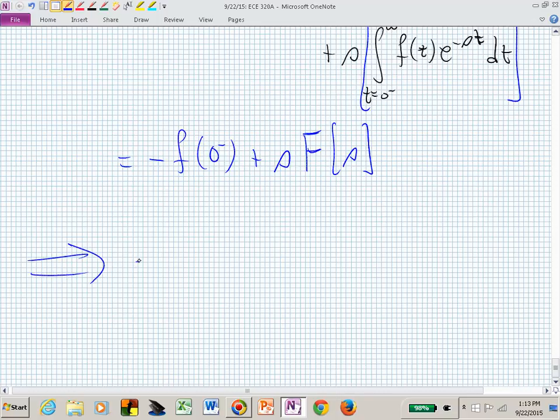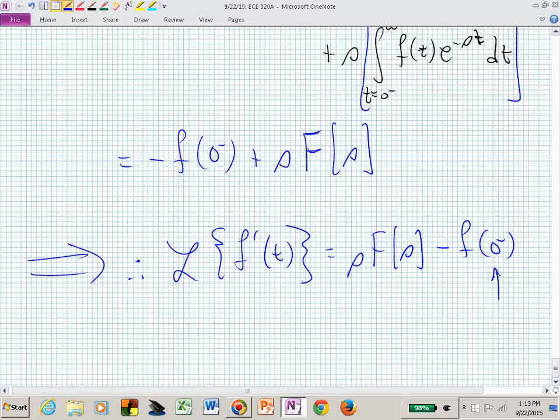We now have shown that the Laplace transform of a derivative is equal to s times the Laplace transform of little f of t minus f of 0 minus, where that 0 is time t equal to 0 minus.